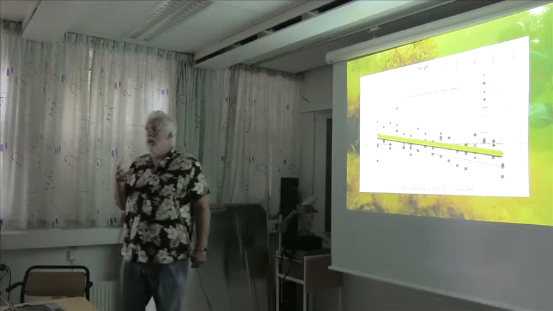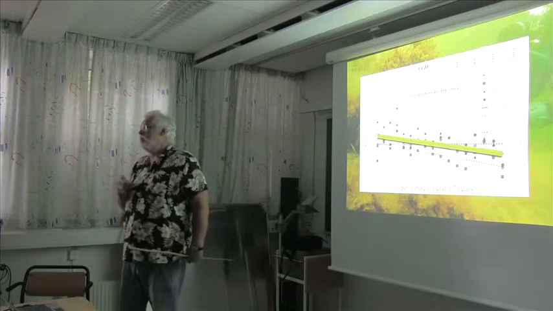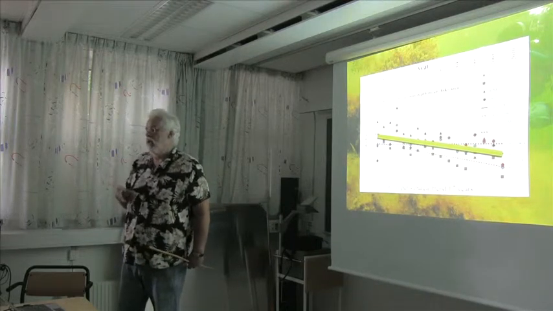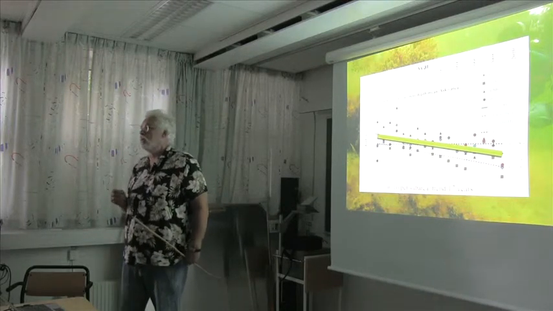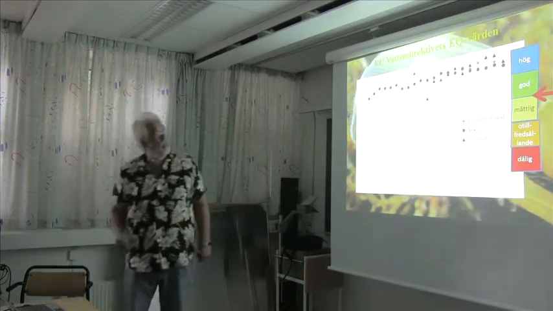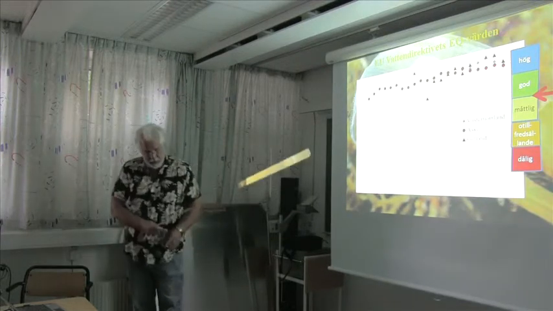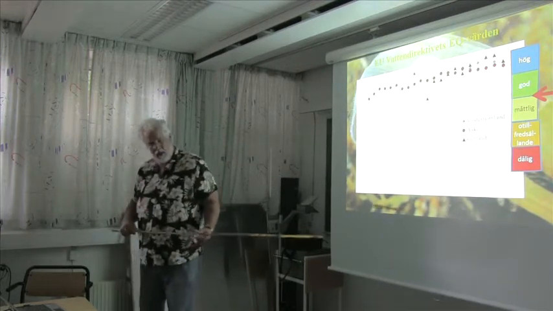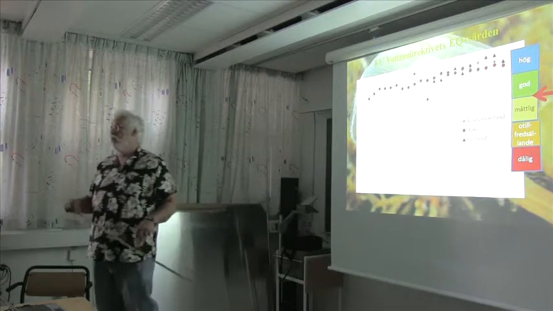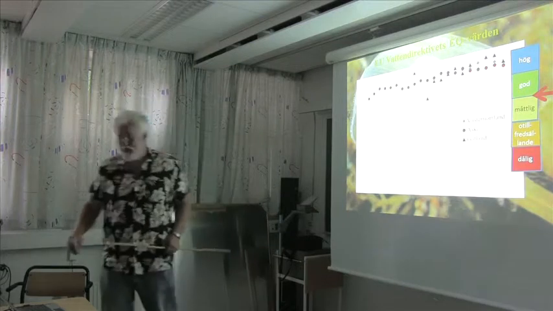I have also seen the same trend in the Stockholm archipelago, but there I only have about 4 or 5 observations. So we see an increase in the depth distribution of Fucus, which can be interpreted as the Baltic getting cleaner and better, and we had some discussions about that.